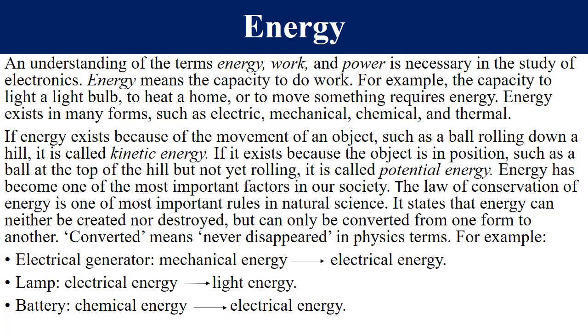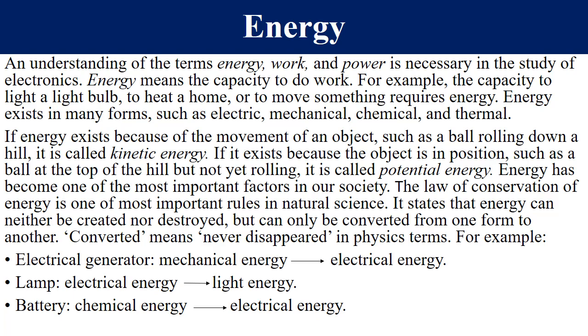Then we have devices that change energy from one form to another. For example, an electrical generator: in case the power utility cannot supply power, we can make use of generators, which convert mechanical energy to electrical energy. Bulbs and lights convert electrical energy into light energy.